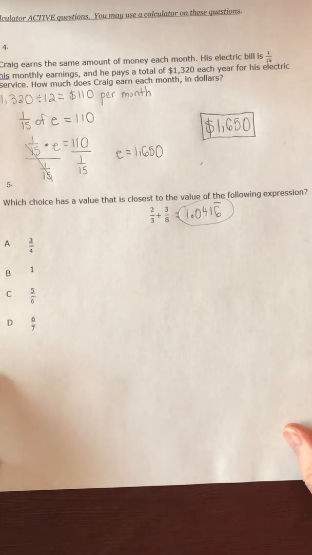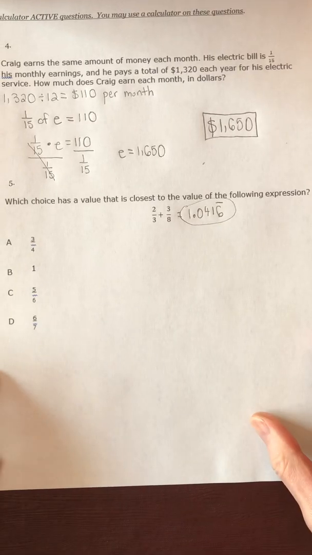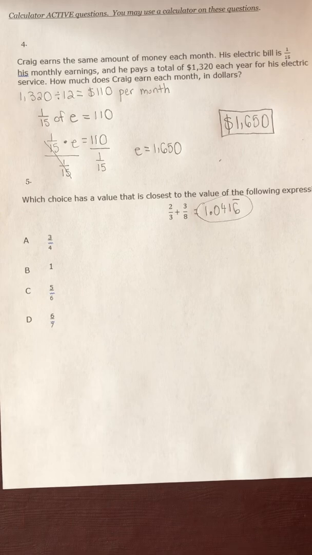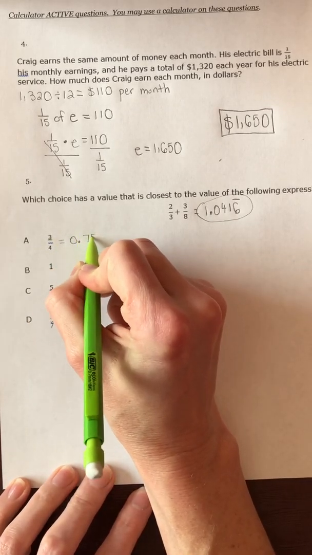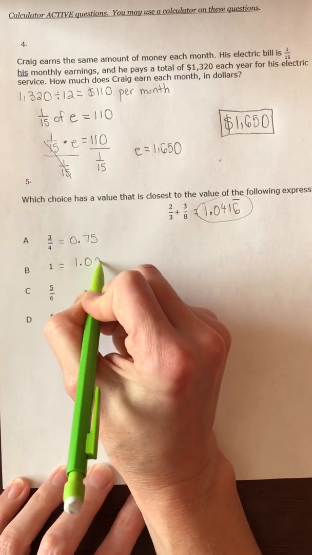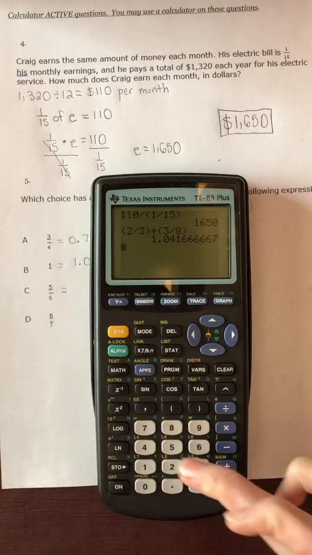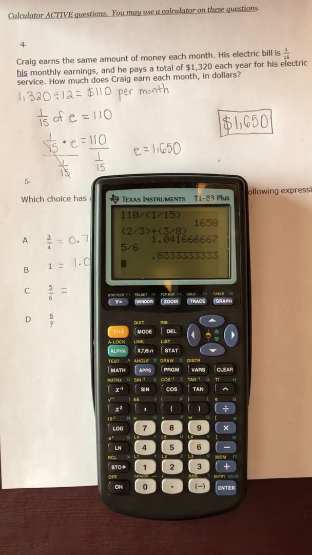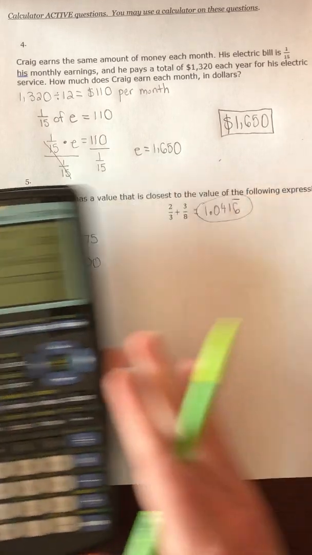Okay, now let's come to these and change these to decimals, and then we can see which one is the closest. So the easiest way to change a fraction to a decimal is just to divide. So 3 divided by 4, and that's one that we should just know anyway, is 75 hundredths. Well, 1 whole obviously is 1 whole, so I'll put 1.00. 5/6, so let's put that in. 5 divided by 6 comes out to 0.83, and it looks like the 3's are repeating.